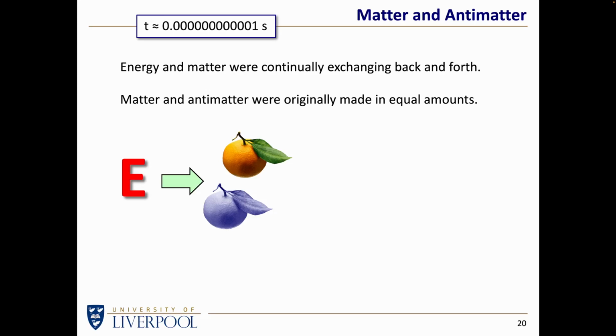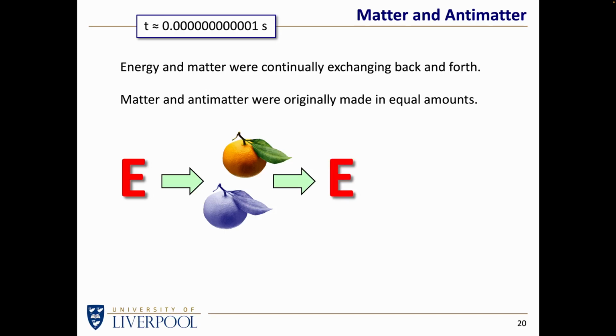Energy created something, some particle, and its antiparticle equivalent. Maybe a quark, maybe an electron, maybe a more exotic particle. But once you make a particle of matter and a particle of antimatter, what happens very soon thereafter is they annihilate and produce energy. And this will be going on backwards and forwards.